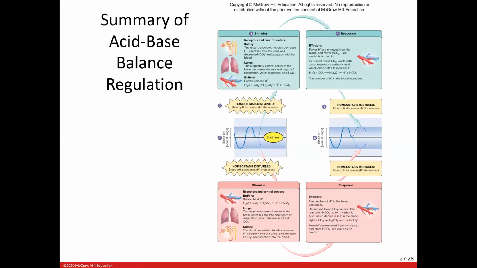So to ultimately recap all of that, because that was 3 different mechanisms, we have another homeostasis feedback loop. So here's your blood pH range. And if we have an instance where homeostasis is disturbed by having the blood pH get too high, so it's very basic now, we don't have a lot of hydrogen ions in the blood, the 3 mechanisms that can happen are first in the nephron of the kidney.